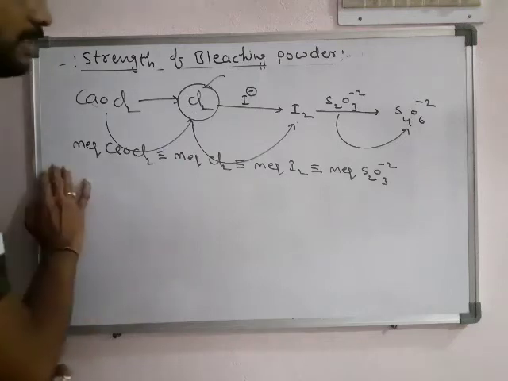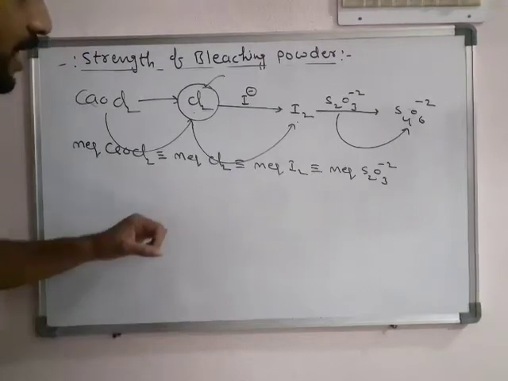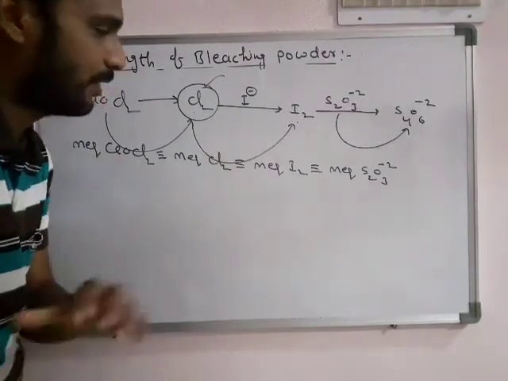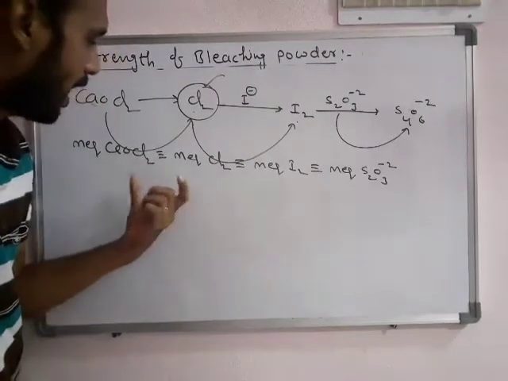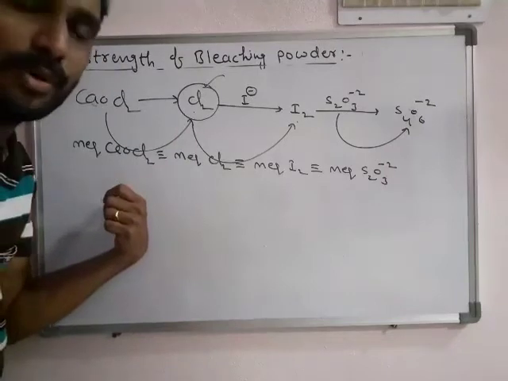So if in the calculations they give any of the two pieces of information, with the help of that information and using this relation we are able to calculate the strength of bleaching powder.